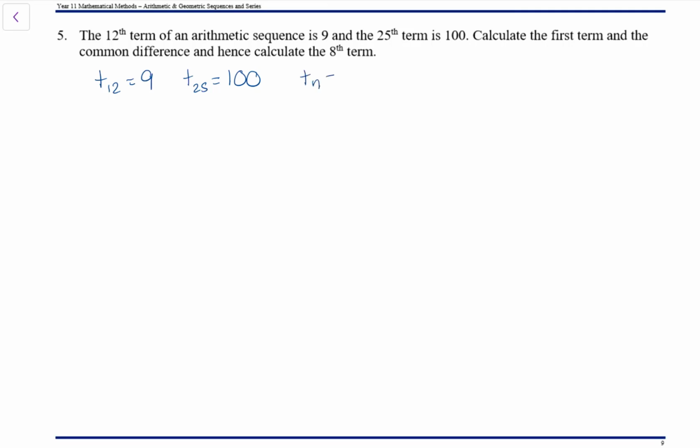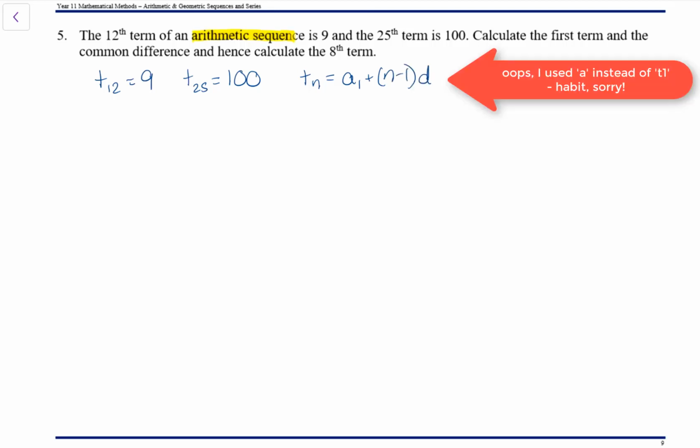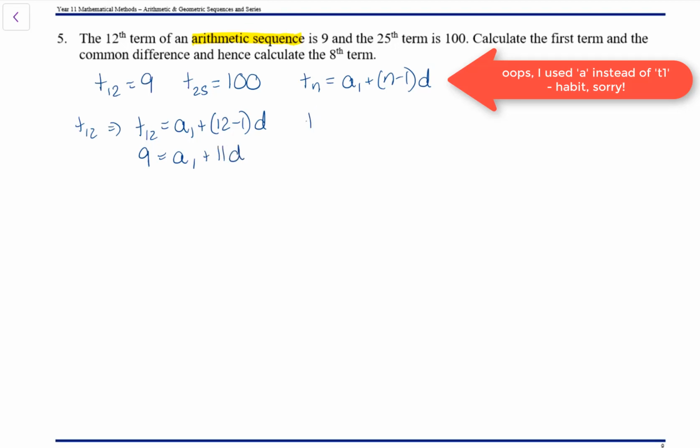Okay, we know that our general term is A1 plus n minus 1 d because it said it was an arithmetic sequence. So for T12, we're going to have T12 equals A1 plus 12 minus 1 times by d. 9 is going to be A1 plus 11d. And we have T25.